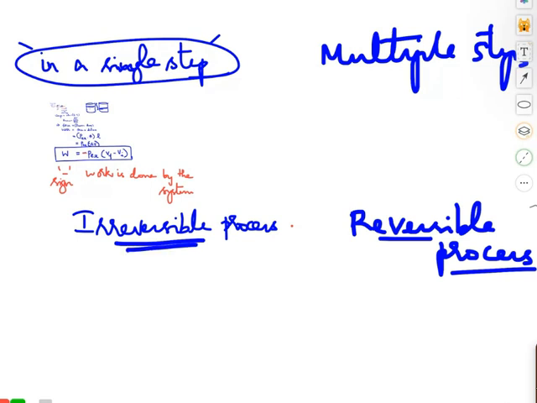All right. Now let's look at the reversible process.